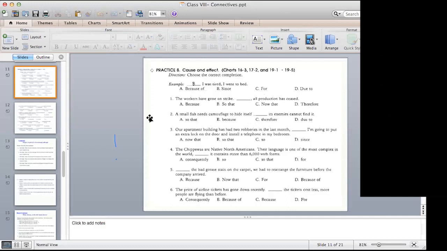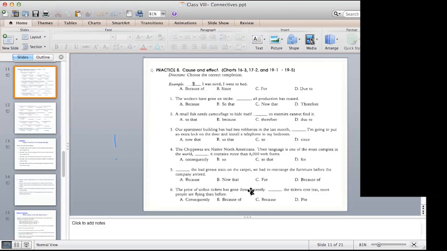So this sentence here, the price of airline tickets has gone down recently. This is one sentence, all right? And this second sentence, all of it is just a consequence of this one. But we have to check the relationship between this first clause and this second clause. So more people are flying than before.